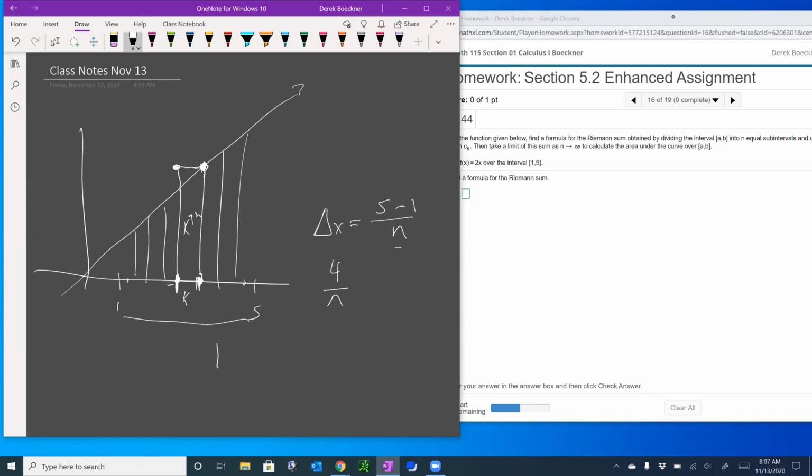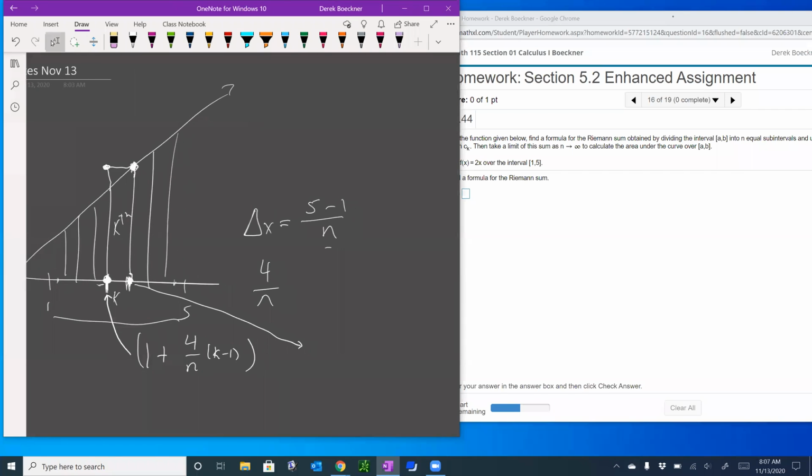Is that right? So 1 plus 4 over n times k minus 1 will be this value. And this one will be 1 plus 4 over n times k. Does that make sense?